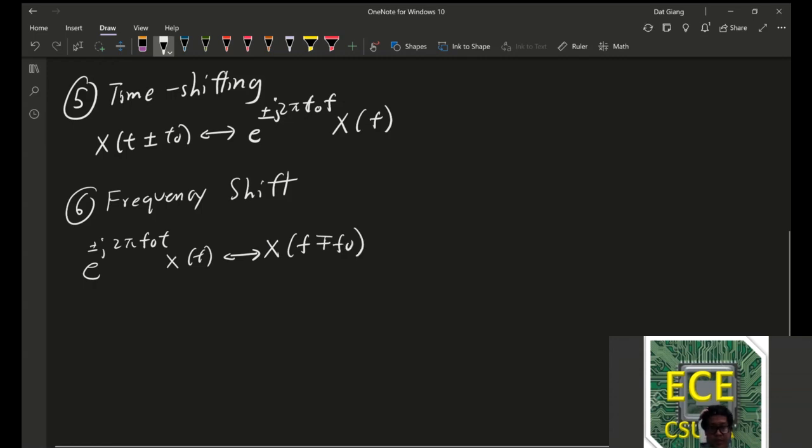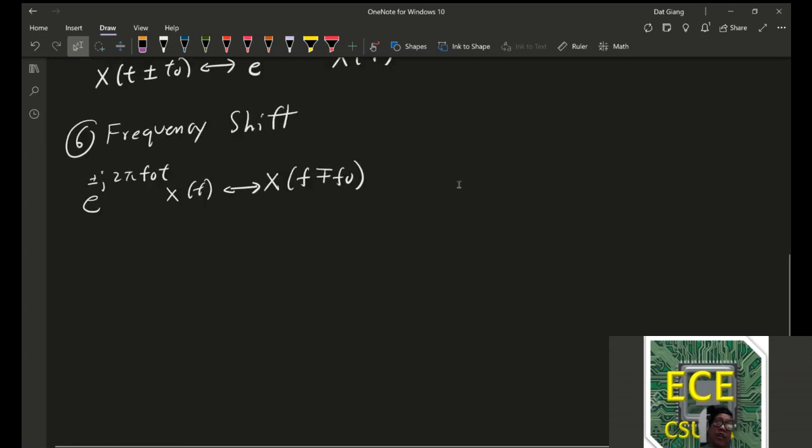So opposite signs, essentially. Now, in Laplace, we usually kept this as e to the at acting on some function x of t. When we apply the Laplace, this becomes X of s minus a.